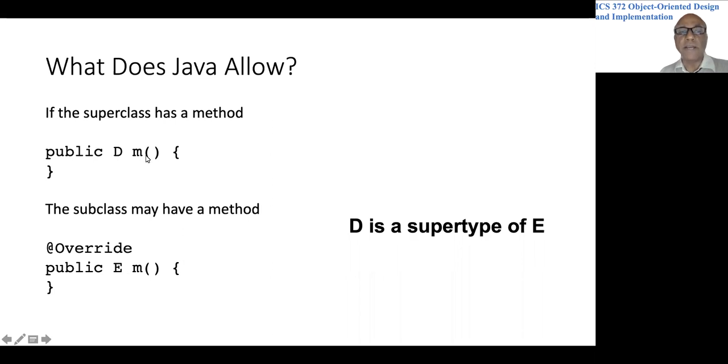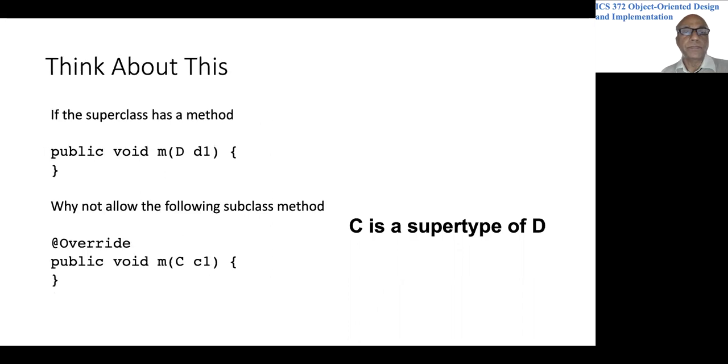Here is the superclass method M. It returns an object of type D. The overriding method can return D or a subtype of D. Why does Java not allow something that is a supertype? There is no documentation related to this. You can think about it. I have my ideas, but I'm not going to cover that in this video.